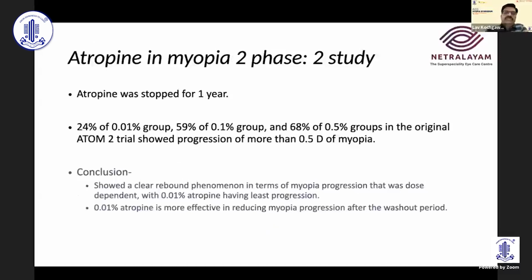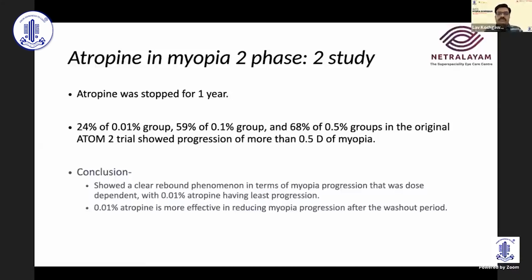In phase 2 of that study, atropine was stopped for 1 year and rebound was noted. Rebound was 24% in the 0.01% group. They concluded that rebound myopia was least in 0.01%, and again, that worked in our favor because even the side effects were less in this group.